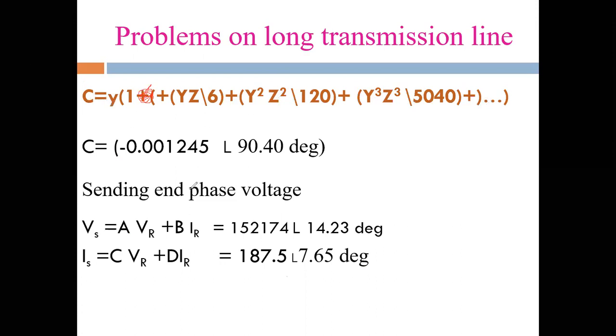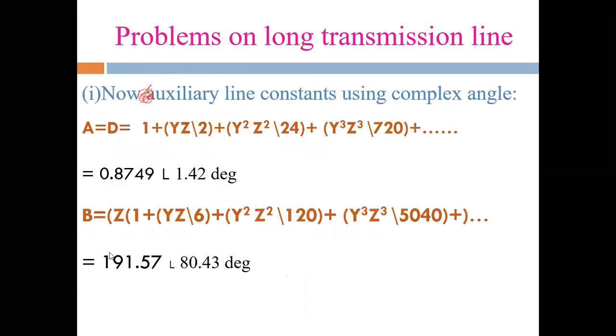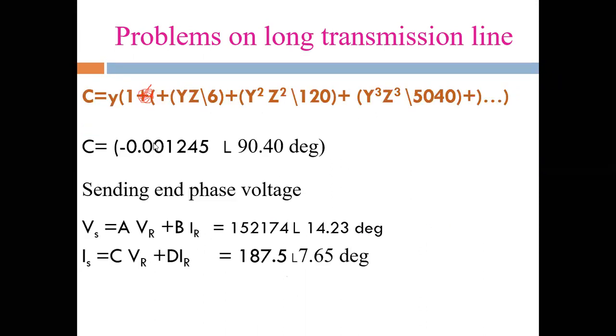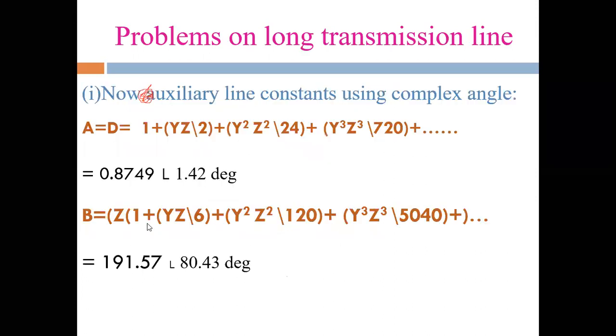The difference between the B formula and the C formula is that B is equal to Z into 1 plus YZ by 6 plus Y square Z square by 120 plus Y cube Z cube by 5040. Same as that, C is equal to Y into 1 plus YZ by 6 plus Y square Z square by 120 plus Y cube Z cube by 5040.